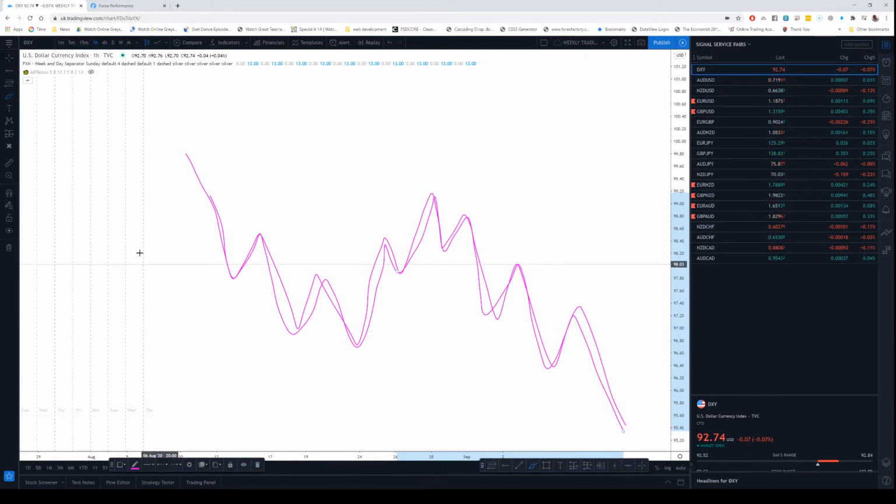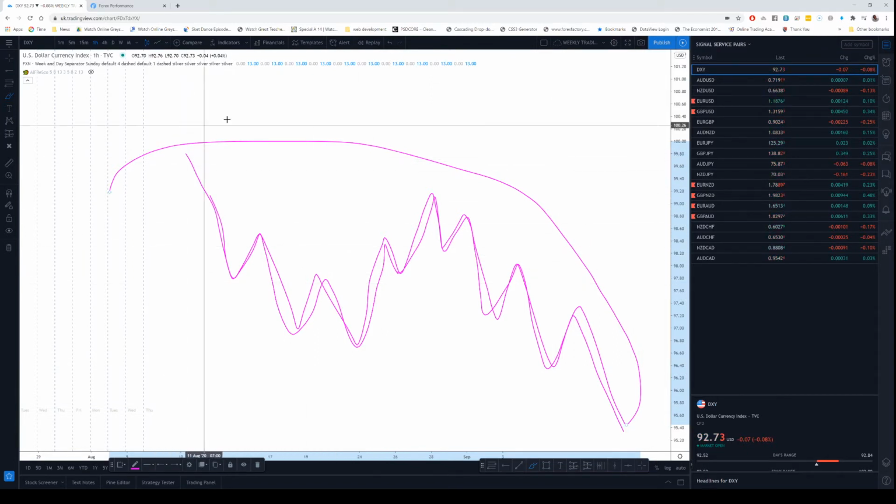Understanding the structure of the market is key, because once you understand the structure on any given time frame, you can go into any pair, any time frame, and still understand the flow of the market, the direction that the market should trade to.